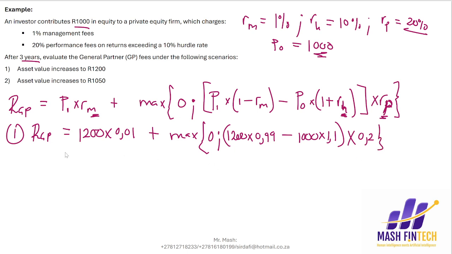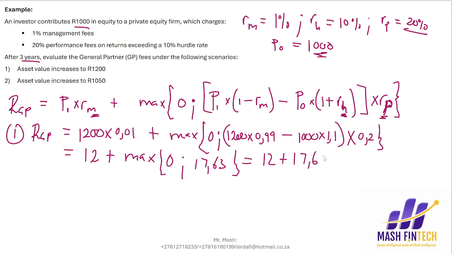Okay. And then if you solve this, 1% of this is 12 rands, plus you choose the maximum of two numbers, either this 0, or if you subtract these two numbers and multiply by 20%, you must get 17,63. All right, so it's obviously going to be 12 plus 17,63 because it's greater than 0.